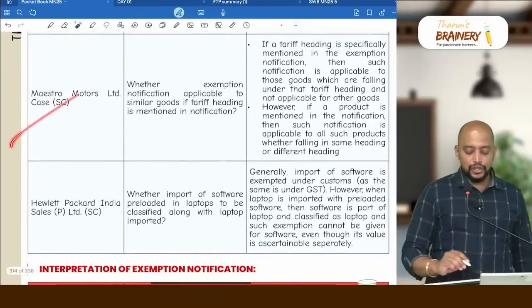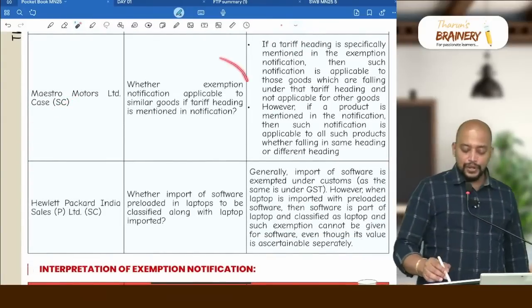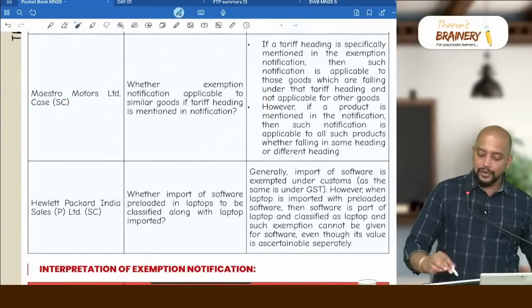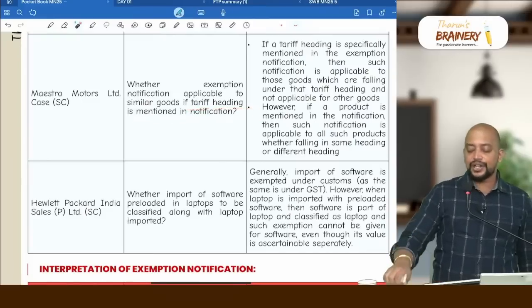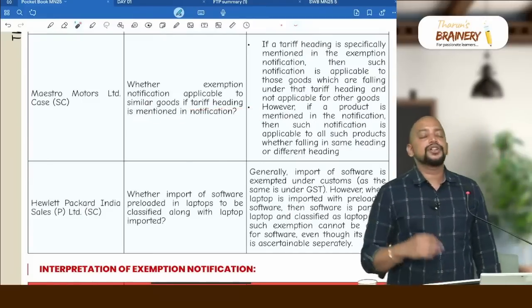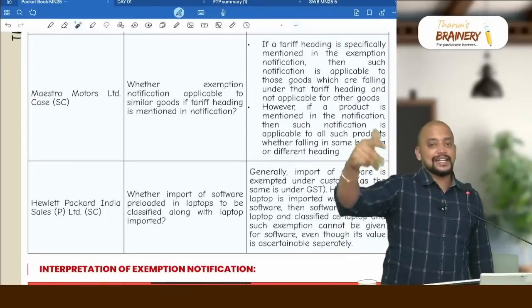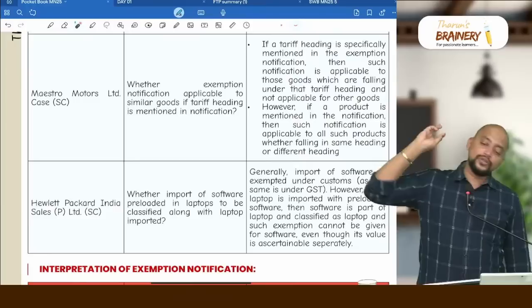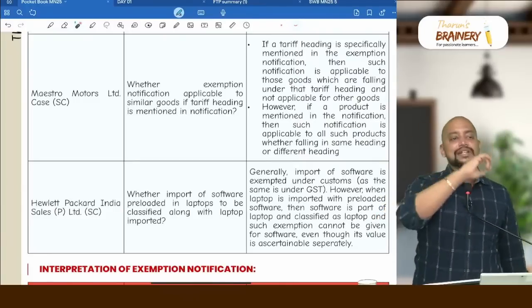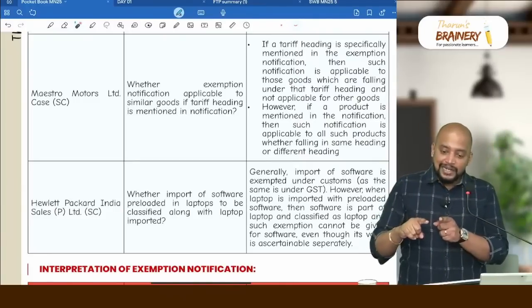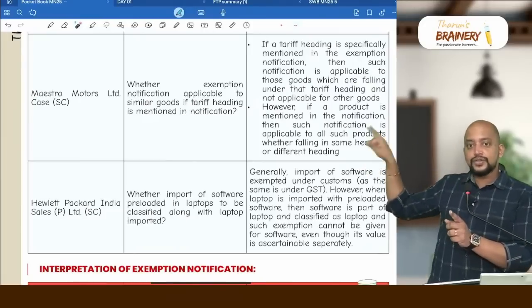Then the Mastro Motors case: whether an exemption notification is applicable to similar goods if the tariff heading is mentioned in that notification. So one exemption notification says goods falling under 8702 are exempted, which means only those goods which come under 8702 are exempted. Goods which come under some other heading cannot be exempted.